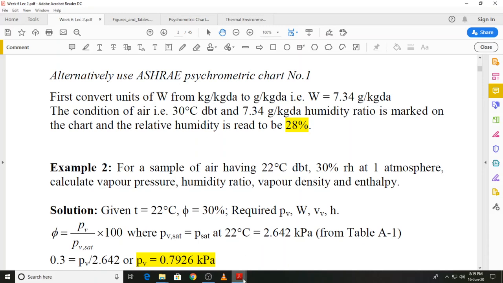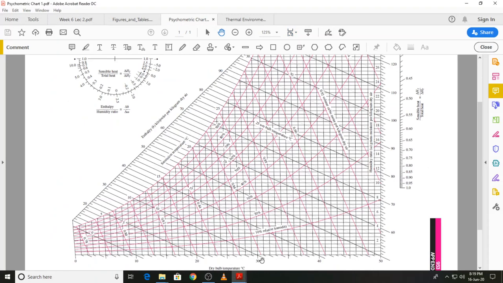And now let's look at the psychrometric chart. We will first locate a humidity ratio of 7.34 on the vertical scale. This is 7, this is 7.5, so 7.34 will be somewhere over here.